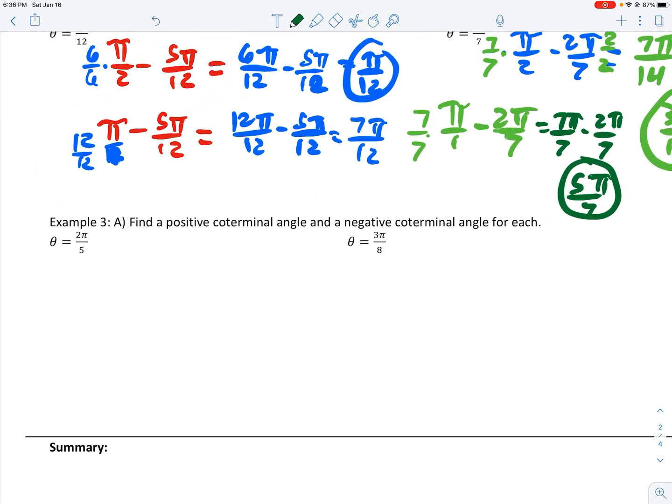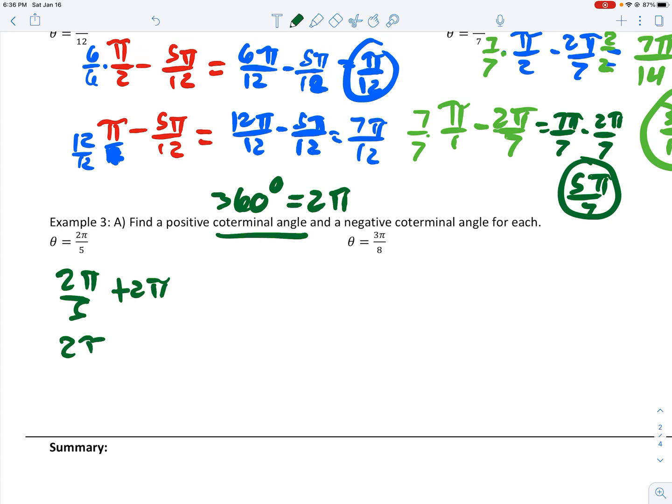So to find coterminal angles, remember, usually we rotate 360 degrees. But we're in radians, so we're going to use 2 pi. So I'm going to take 2 pi over 5, and I'm going to add 2 pi. And I'm going to take 2 pi over 5, and I'm going to subtract 2 pi. Right? Because it's one full rotation.